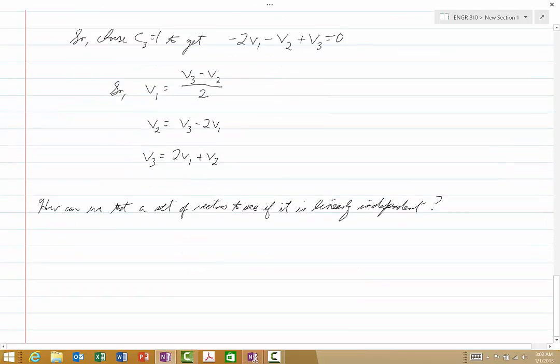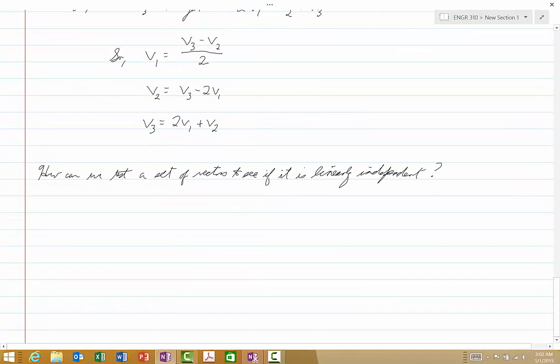So let's proceed like this. Suppose we have the set of n vectors v1, v2, up to vn.